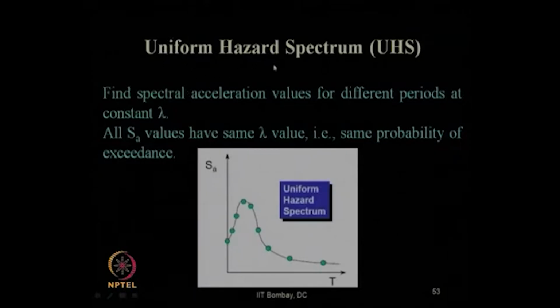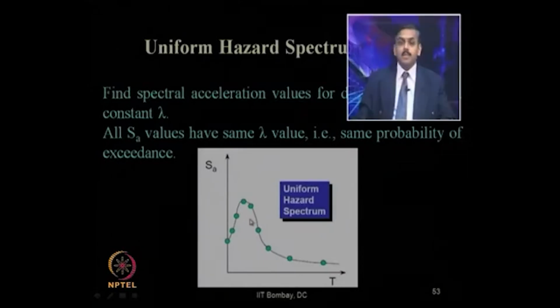Next is the uniform hazard spectrum, or in short we call it UHS. It will typically look like this, that is, a plot of the spectral acceleration versus natural period T, like this. So, find the spectral acceleration values for different periods at a constant value of lambda, and for all SA values have the same lambda value, that is the same probability of exceedance. With the same probability of exceedance, you have to find this uniform hazard spectrum. What does it mean?